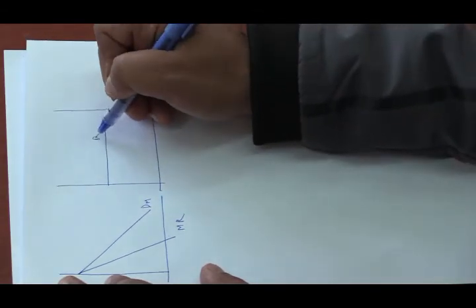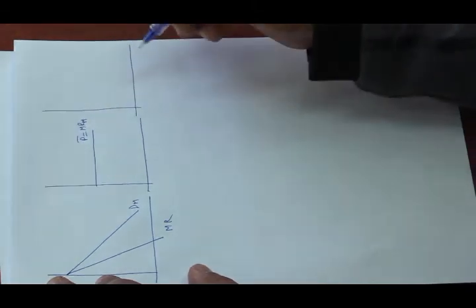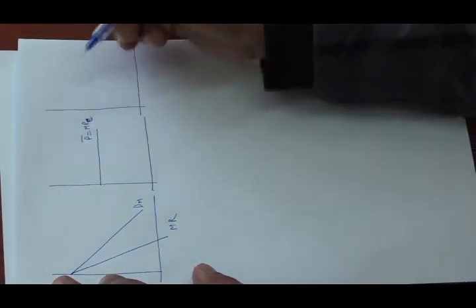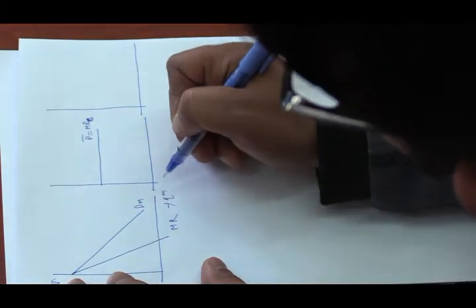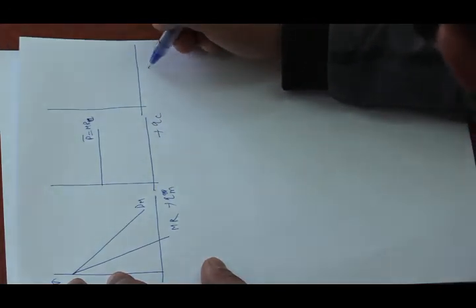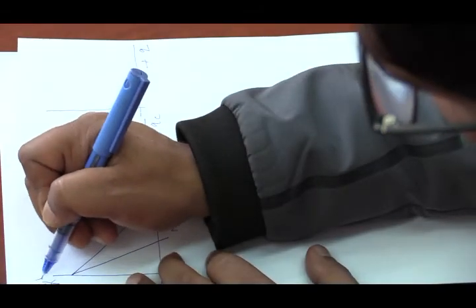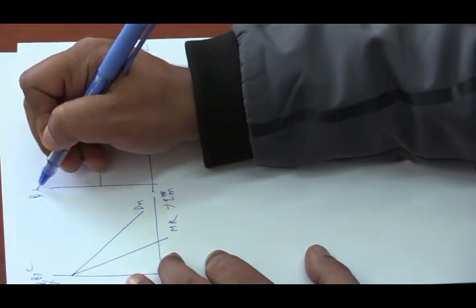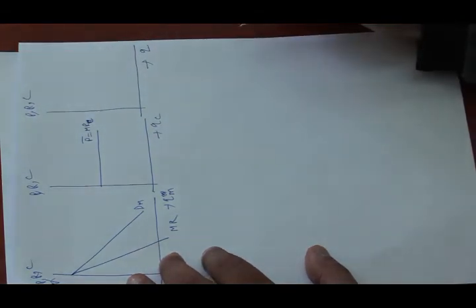This is the demand curve as well as the marginal revenue curve in the competitive market. Here we say QM, here we say QC, and here we represent the total output. The vertical axis represents price, revenue and cost.